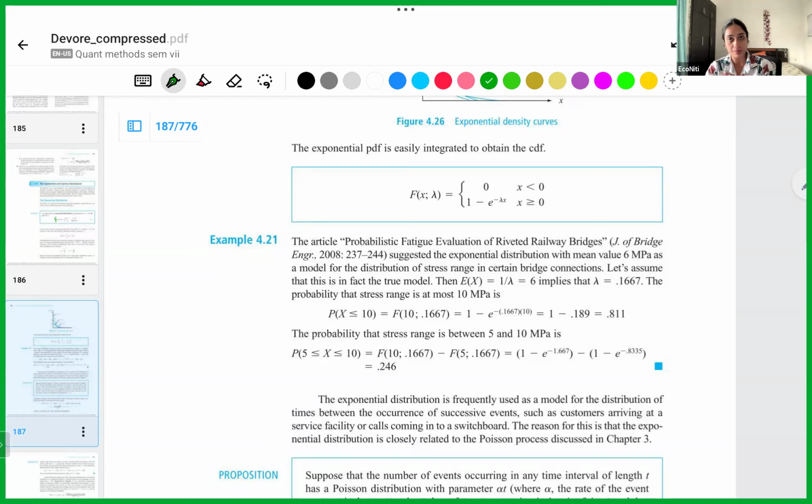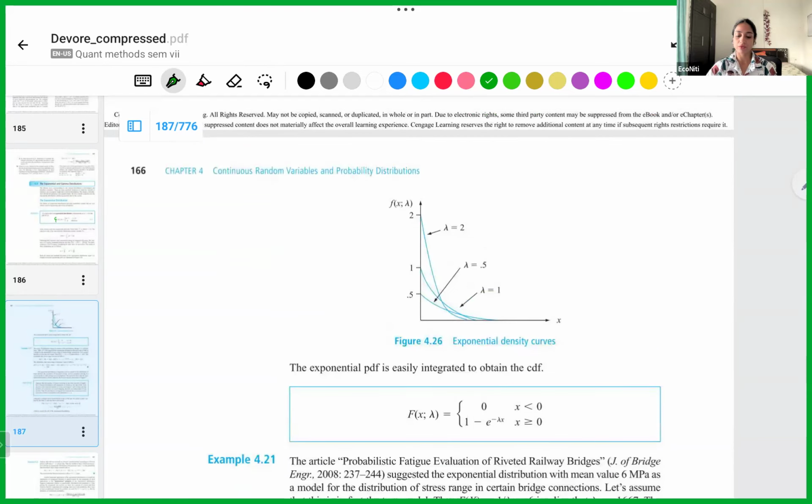Sometimes 5 minutes, sometimes 10 minutes, these are all possible values that it can take. This will follow what is called the exponential distribution, which looks something like this. Okay, and that's the rate of success per unit time.